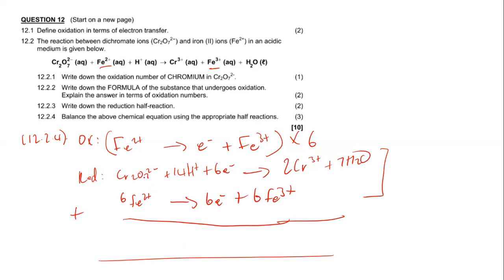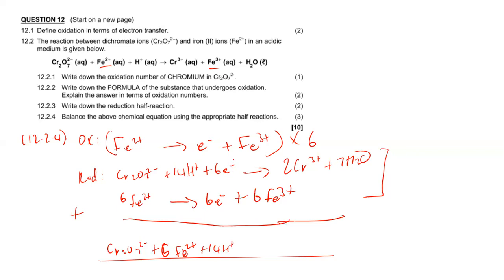Can you see? So this plus this, it's going to be Cr2O7 2- plus 6Fe2+ plus 14H+, and then you see these electrons are on this side of the reaction.